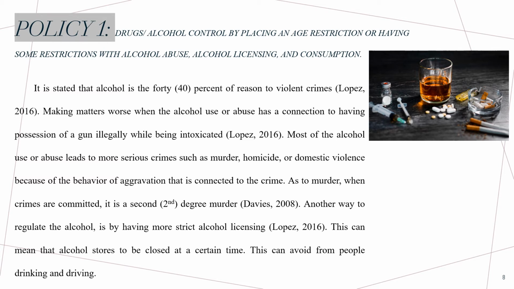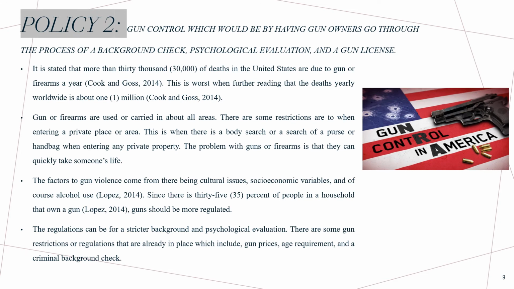It is stated that 40% of violent crimes are due to alcohol abuse and alcohol use. Making matters worse, there has been a connection to possessing a gun illegally while intoxicated.